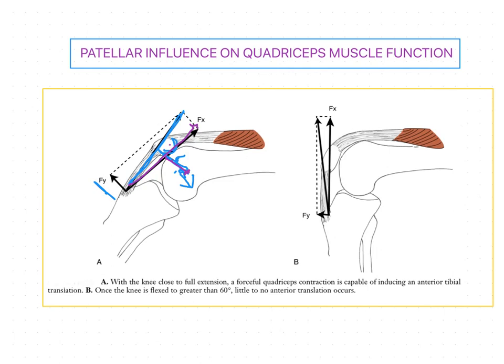Now we are going to discuss. In the presence of the patella, the moment arm is increased all the way. If it is absent, definitely the moment arm is going to decrease, and then the rotatory force is going to decrease.